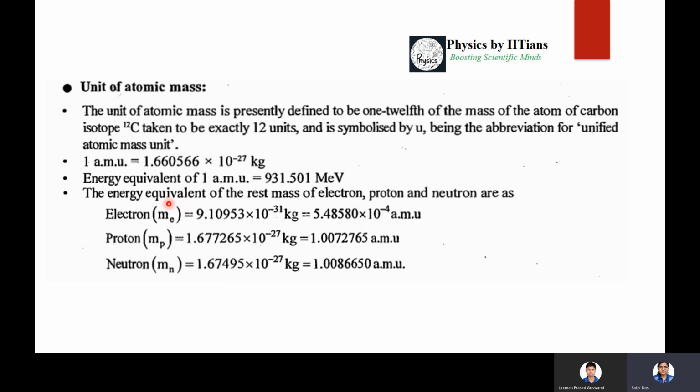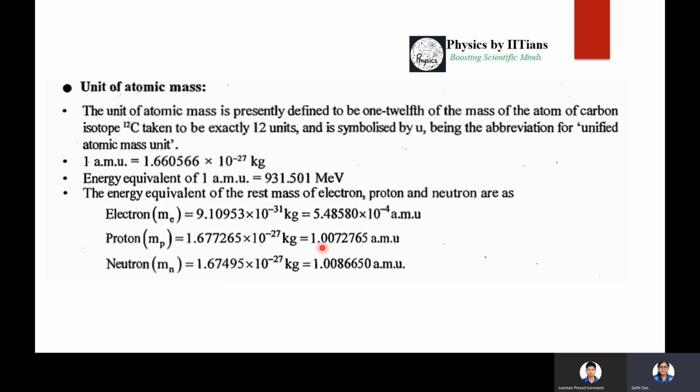What will be the energy equivalent of the rest masses of the electron, proton and neutron? For the electron, Me is 9.1 into 10 to the power minus 31 kg. In AMU, it becomes 5.48 into 10 to the power minus 4 AMU. For the proton, the mass is 1.67 into 10 to the power minus 27 kg.